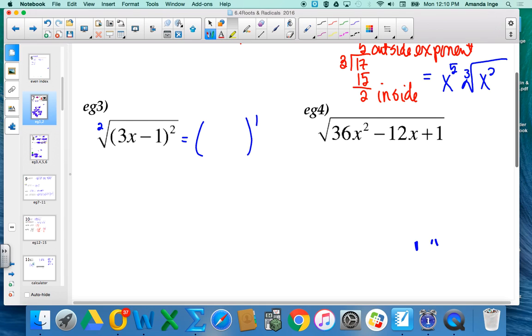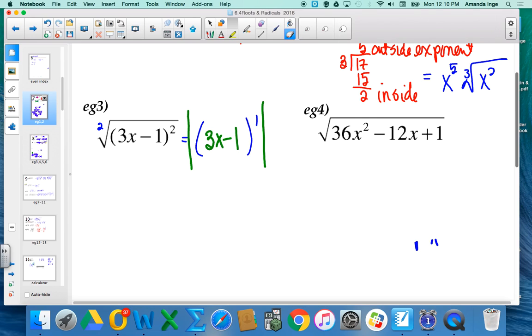Once, right? So whatever's inside those parentheses is still inside those parentheses. But I have an even and an odd. So I need absolute value symbols around it. Are y'all still with me?